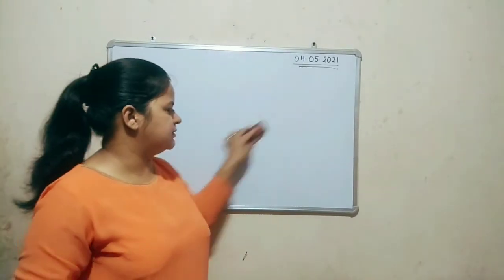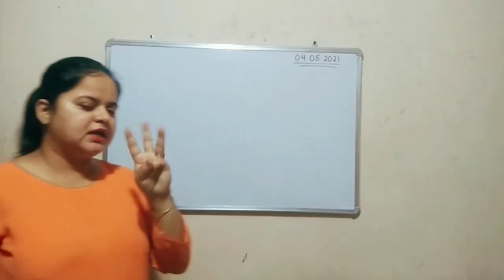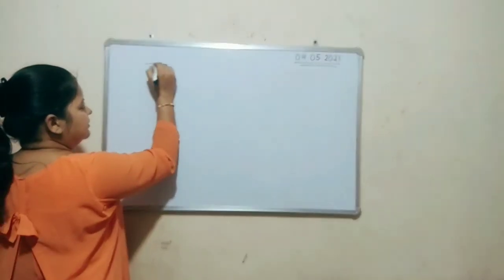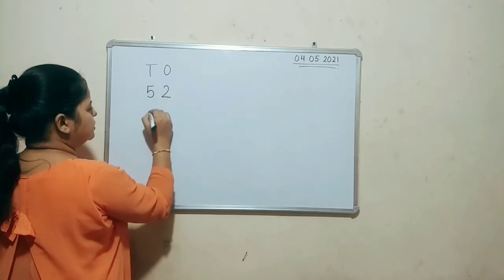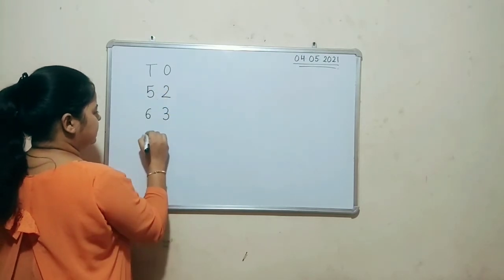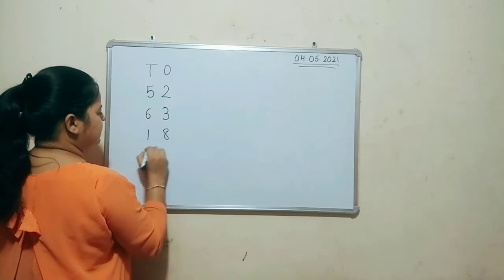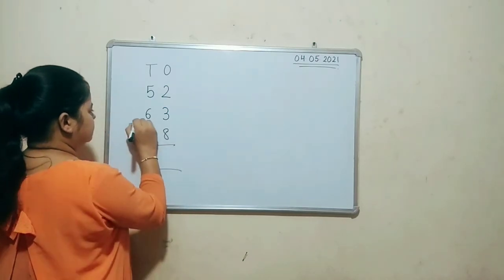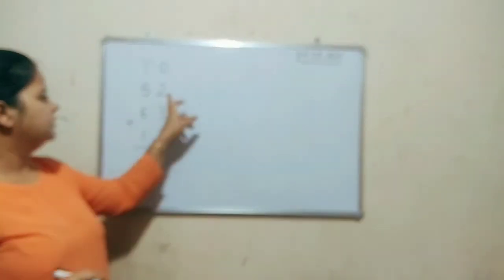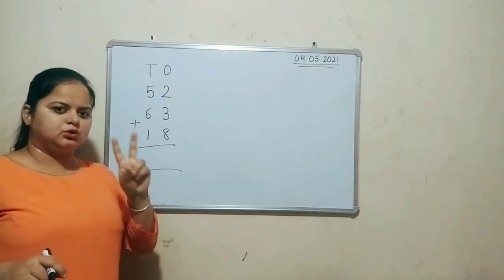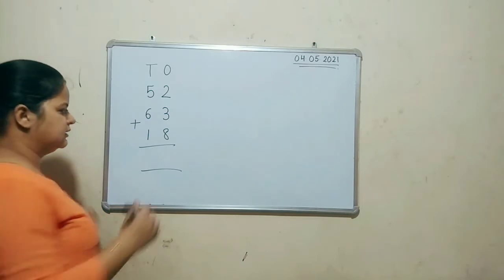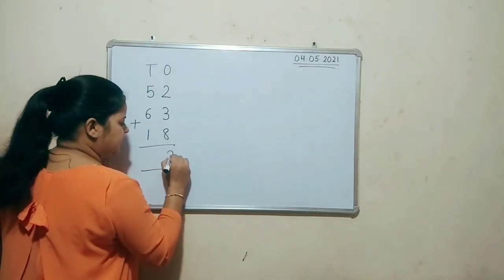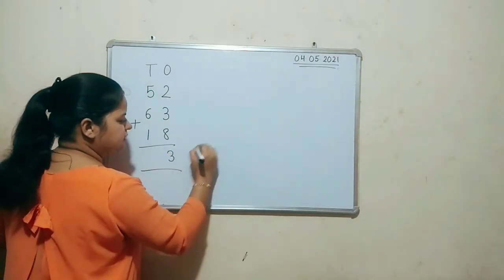Now we will do the same sums but with 3 numbers. 5, 2, 6, 3, 1, 8. Okay, 2 and 3. 2 plus 3, 5. 5 and 8, 13. 13 में हम यहाँ क्या राइट करेंगे? 3.